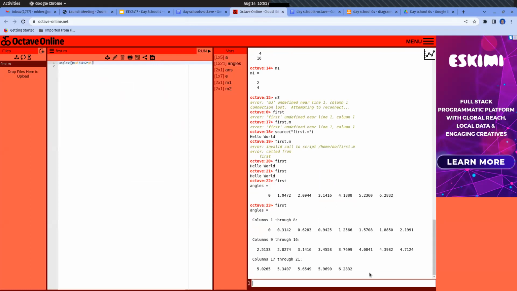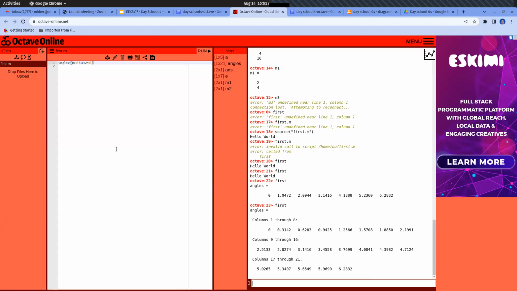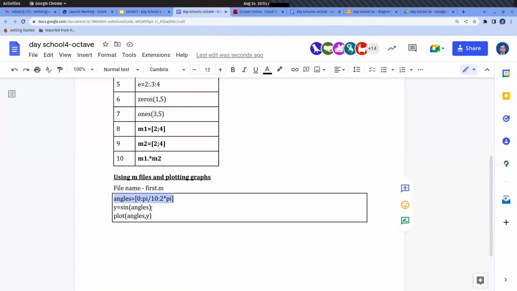And there are more durations and more steps, and then you can get more steps here. Y equals sine angles.